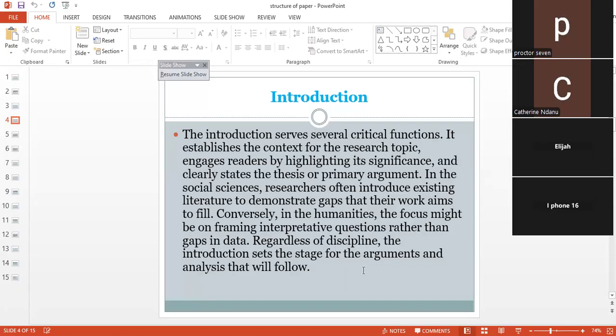For example, if the topic is cultural fixity and hybridity, define hybridity, define fixity, define migration literatures. So in the introduction, you mostly define the major terms in the topic, the keywords in the topic, and the major arguments that exist in that particular topic.